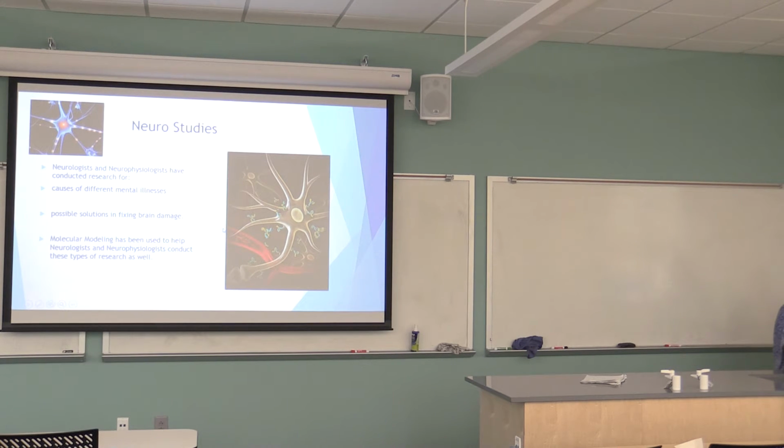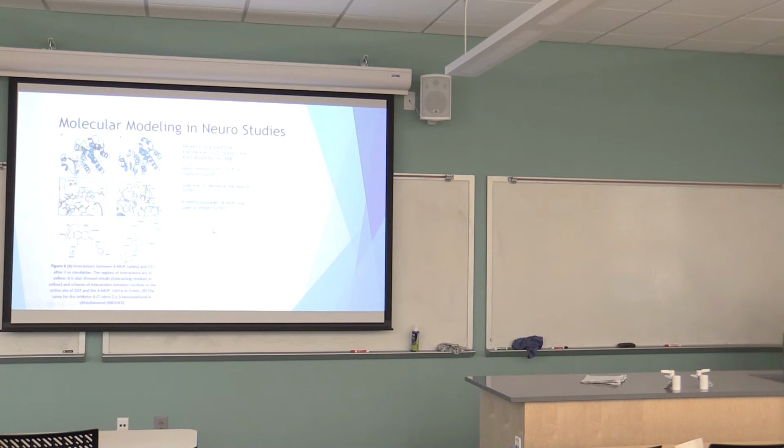Then one last example, neurostudies. Like DNA, they were looking at it on a molecular scale for studying the brain. Here, they looked at molecules binding to brain cells that pass through the blood-brain barrier.